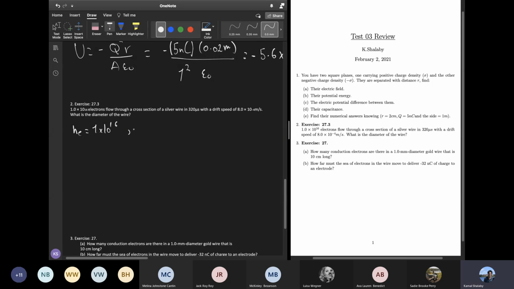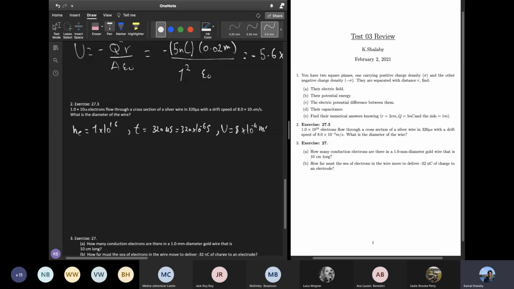We have time, 320 microseconds, which is also 320 times 10 to the power of negative 6 seconds. We also have drift speed equal to 8 times 10 to the power of negative 4 meters per second, and we need to find the diameter.